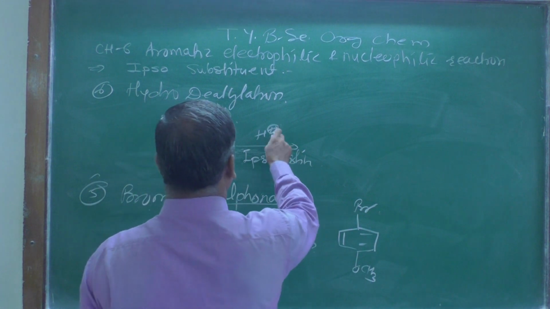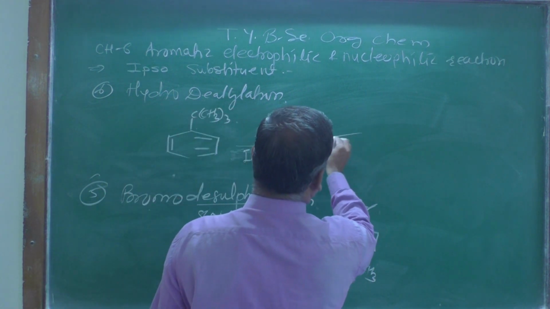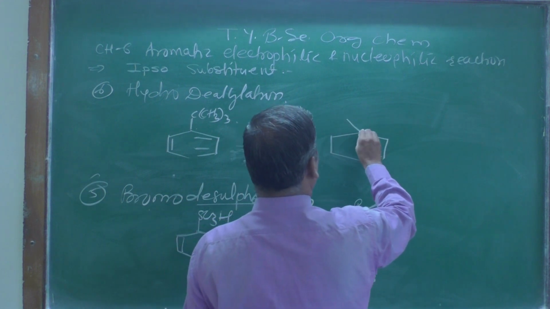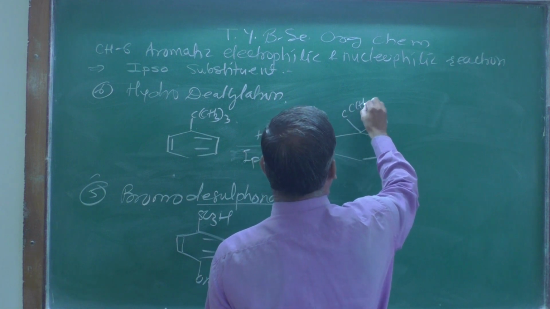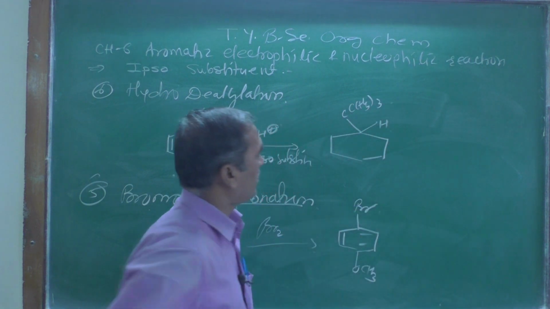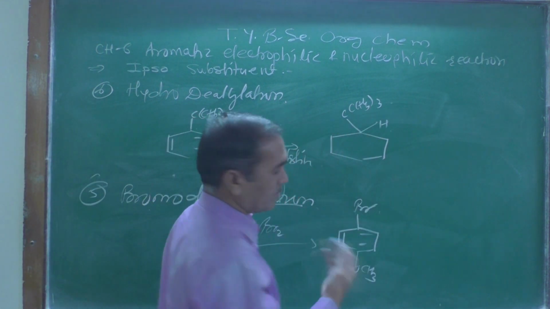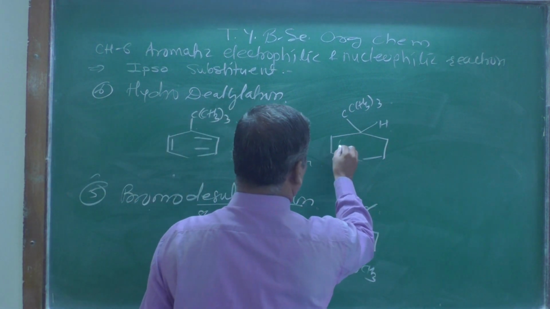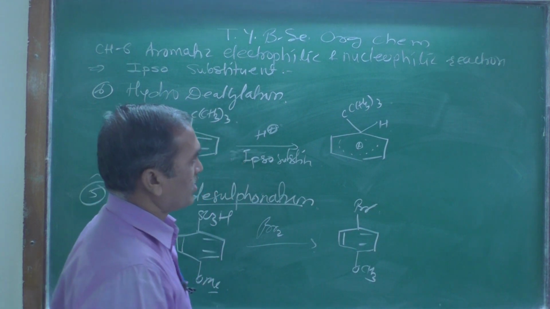What is happening? The electrophile is attacking at this position, so that we get this one hydrogen atom over there, and C(CH3) three times, a bracket with three methyl groups attached, and here you can show one positive charge. Now what is happening?